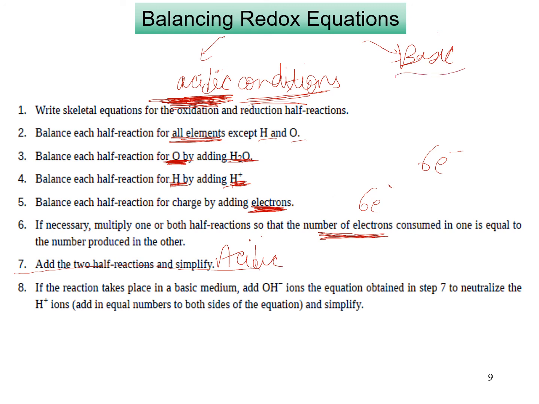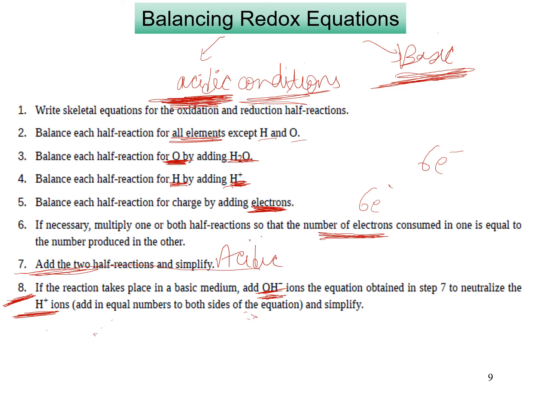If the question asks you to balance it in basic conditions, that's when you go to rule number 8, step number 8. Step number 8 is, if the reaction takes place in basic medium, add hydroxide ions to the equation obtained in step 7 to neutralize the protons. So whatever is the number of protons in your final equation after step number 7, add the same number of OH minus on both the sides of the equation.